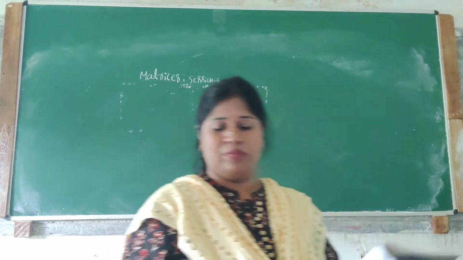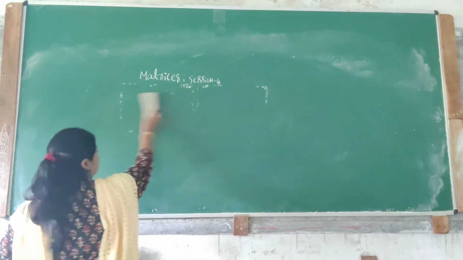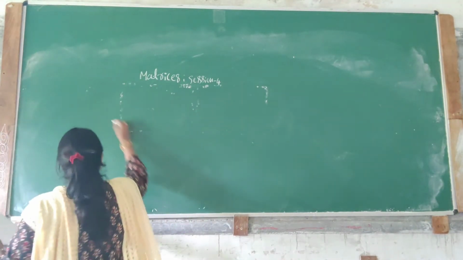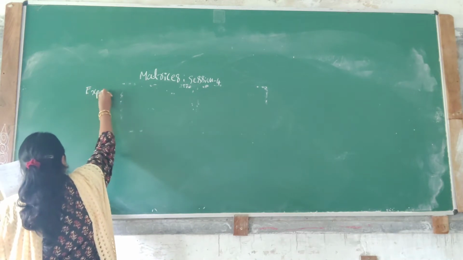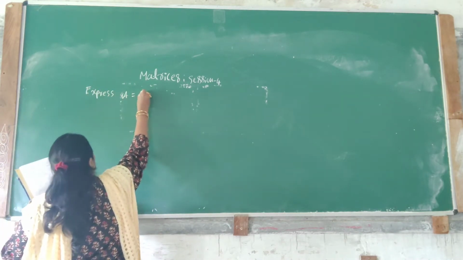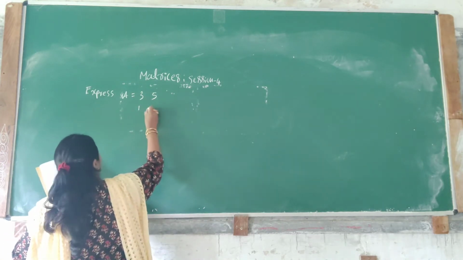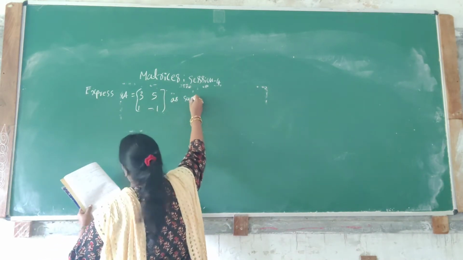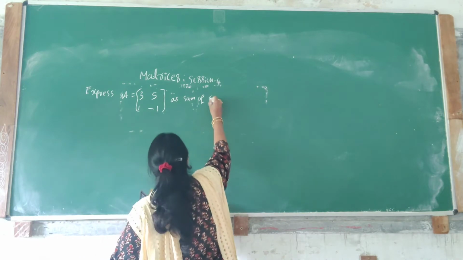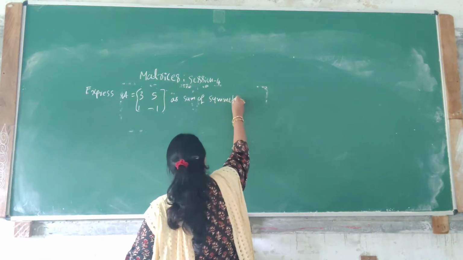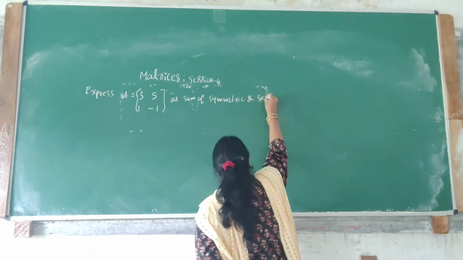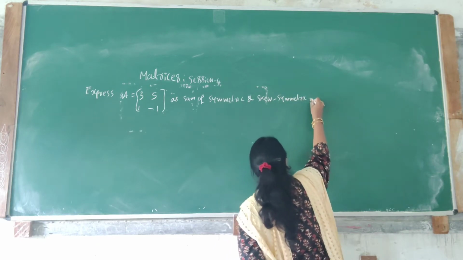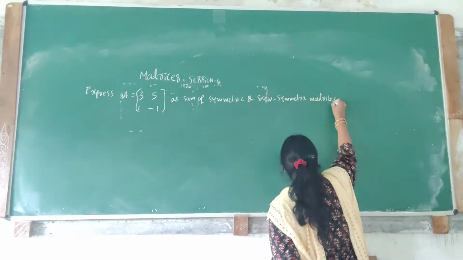There is one important example coming for this. This is a very important example which is coming for examination for 3 marks. Express A is equal to 3, 5, 1, minus 1 as sum of symmetric and skew symmetric matrices.